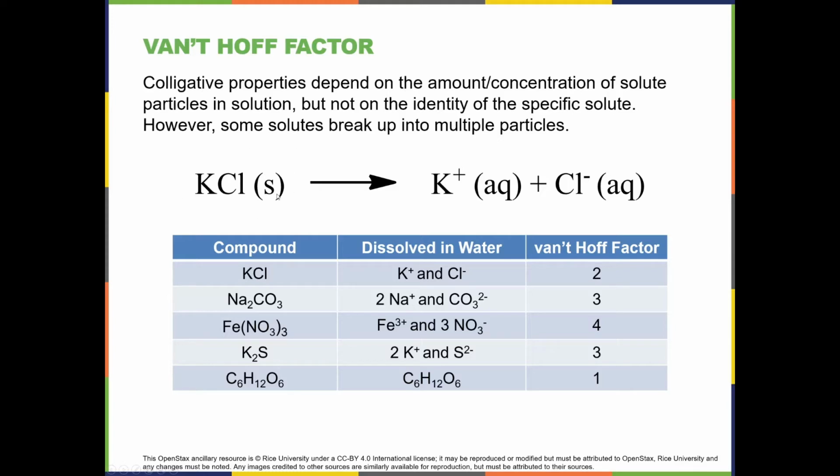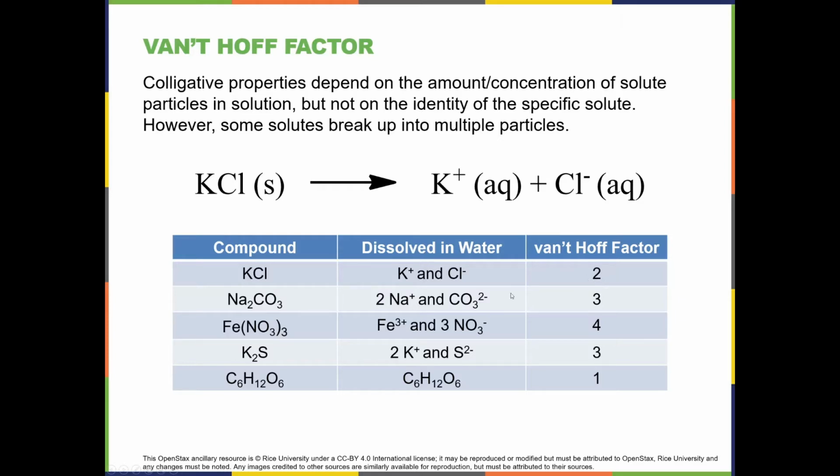So if we take KCl, it's going to have 2 ions in solution. And we determine, or we measure, I guess, the amount of species you find in solution as the van 't Hoff factor.